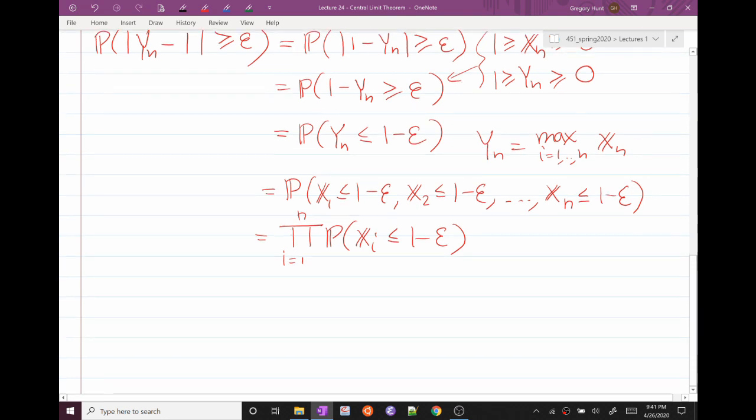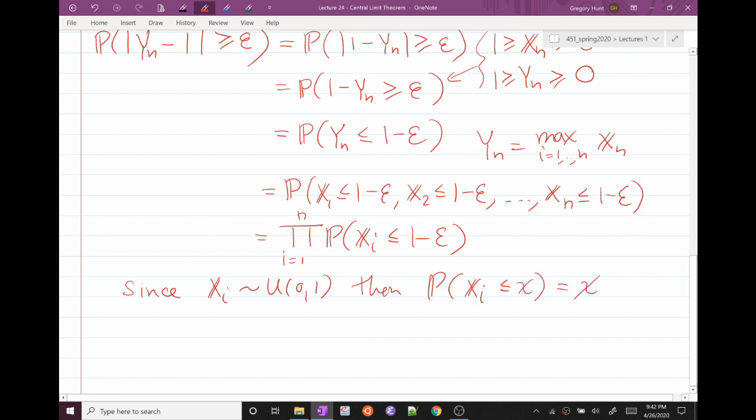And since these Xi are uniform (0, 1), the probability that any of them, Xi, is less than or equal to some value, let's say little x, is just little x.